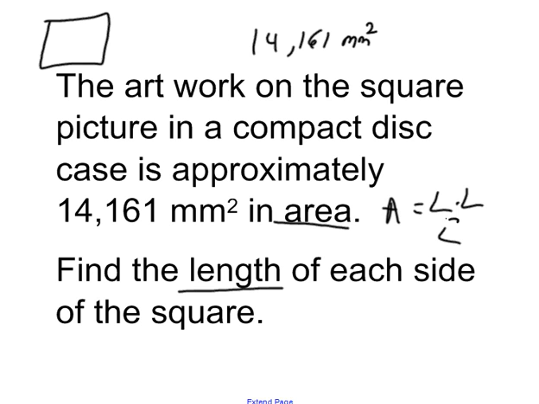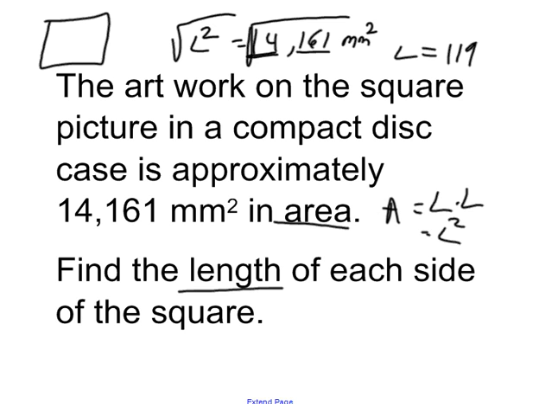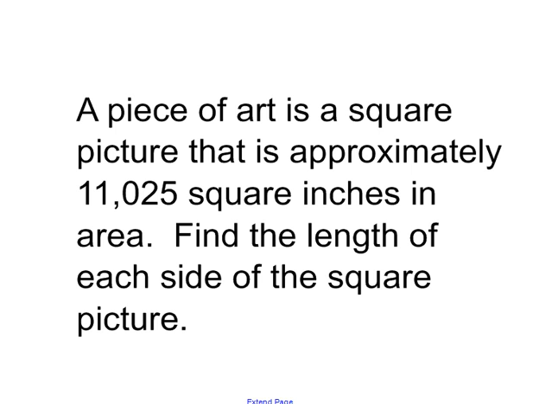Another way to say that is length squared. So in this case, 14,161 is equal to the length squared. I'm going to take the square root of both sides. The square root of L squared is equal to L. The square root of 14,161, I'm going to work that out on my calculator, and it comes out to be 119 millimeters. 119 millimeters is the length of one of the sides of the square.